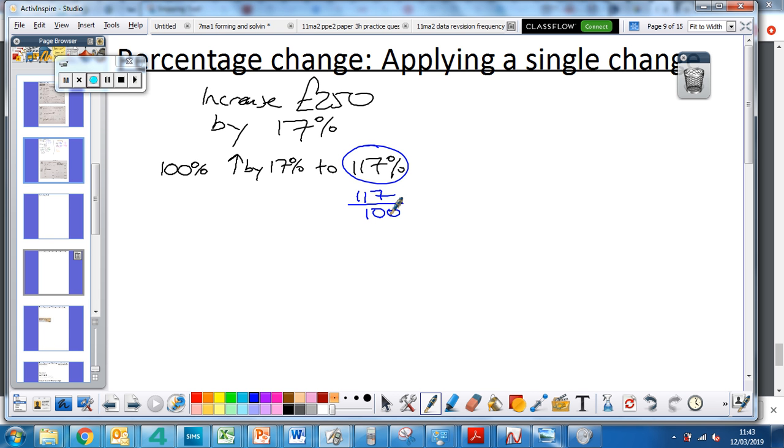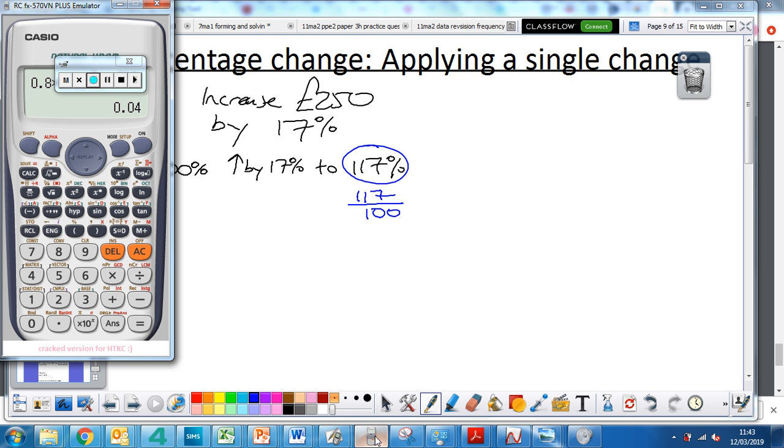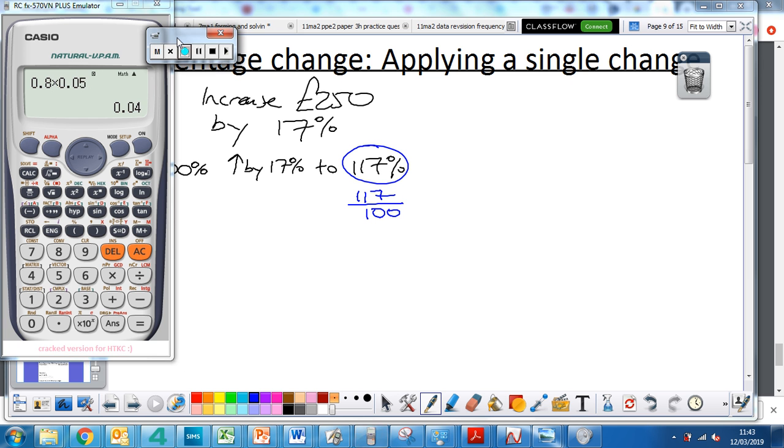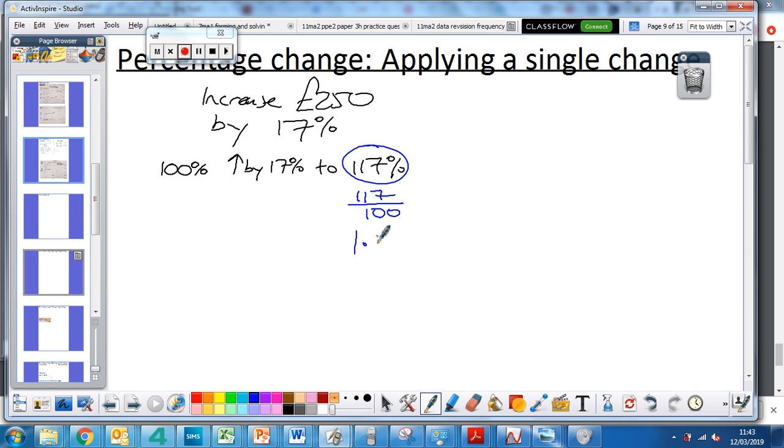You can put that into a calculator to be absolutely sure about it, just like this. 117 divided by 100, equals, you get 1.17. So 1.17 is our multiplier.